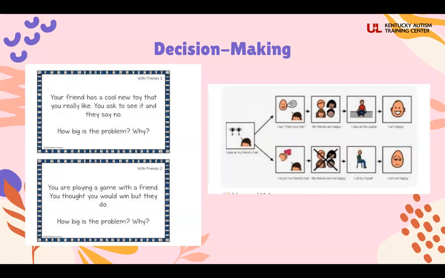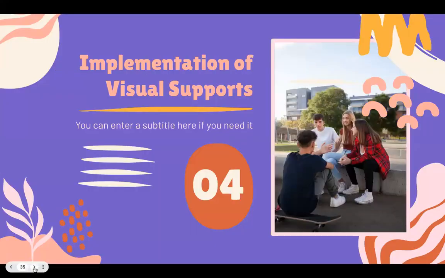Or this, and a good decision looks like this and a bad decision looks like this. And you may even have to break it down to what good decisions are in a certain situation, and what bad decisions are, and identify them. And then, I think some of you have probably seen these, there are cards where you're talking about certain situations and just talking it out. Again, all explicit teaching.